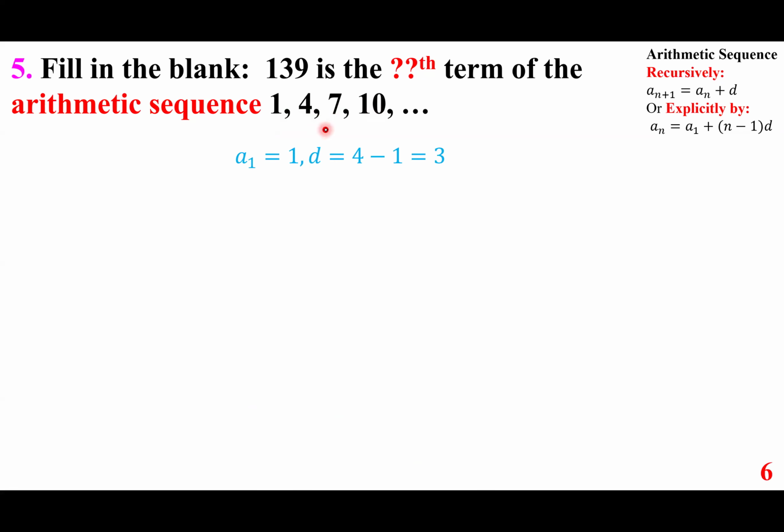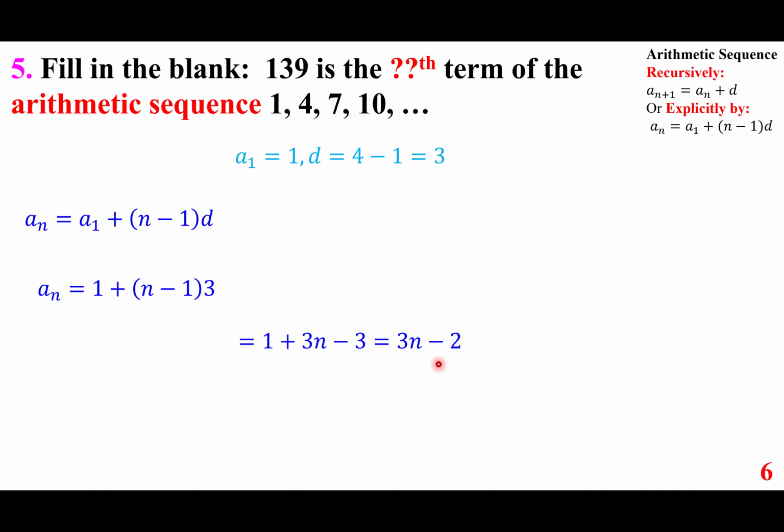So you really should check. So what is a sub n? A sub 1 plus n minus 1 times d. Let's plug in: a sub 1 is 1, d is 3. We get 1 plus 3n minus 3.